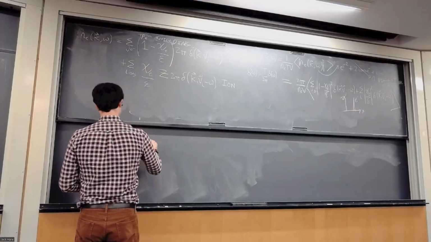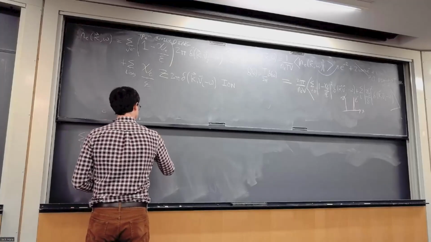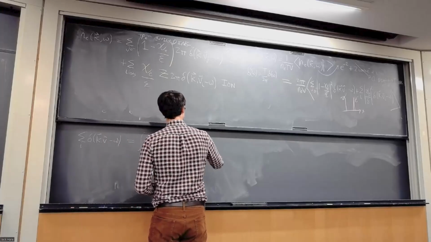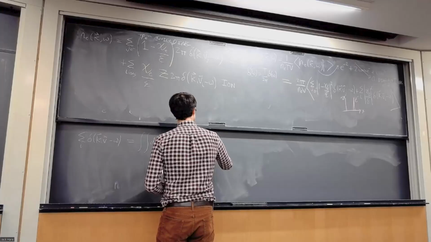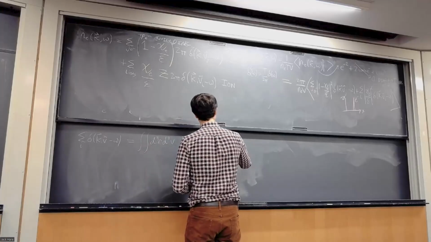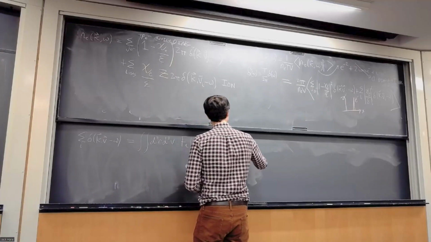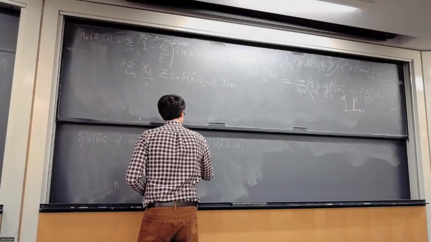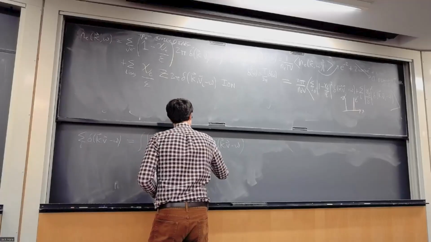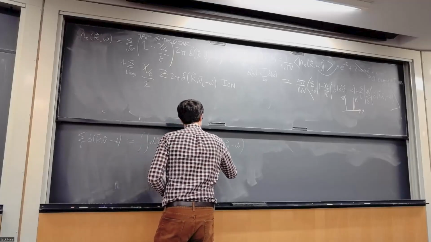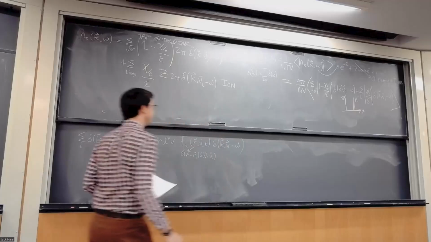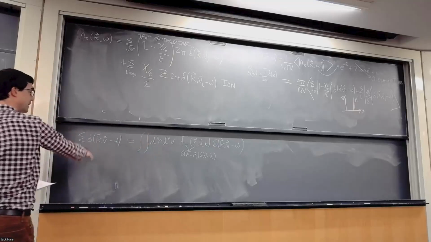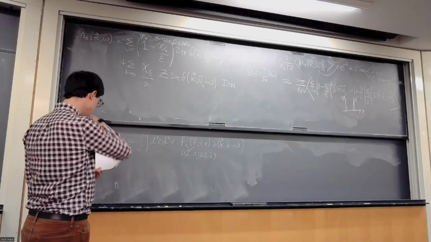And in fact, this looks like an integral over space and over velocity of my Klimontovich distribution of r and v and t times some delta function of k dot v minus omega. Remember, this consists of a load of delta functions, delta r minus ri, delta v minus vi. And so if I integrate this up over this delta function, this is going to pick out all the particles. So I can replace this by my Klimontovich distribution.